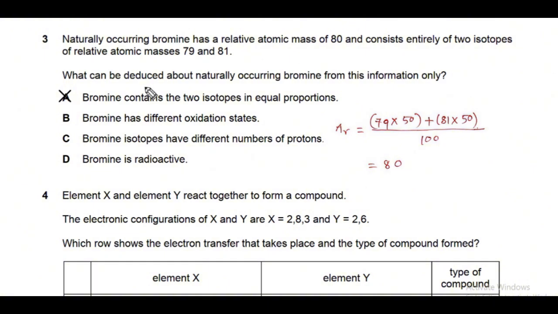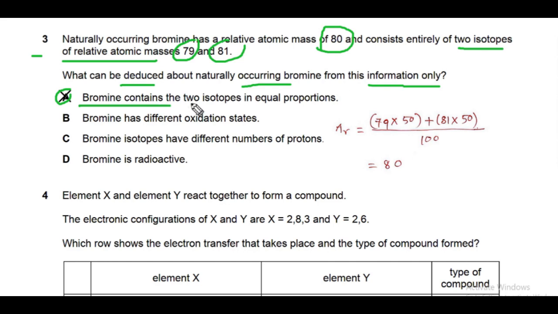Number 3. Naturally occurring bromine has a relative atomic mass of 80 and consists entirely of two isotopes of relative atomic mass 79 and 81. What can be deduced about naturally occurring bromine from this information only? A is the right answer.